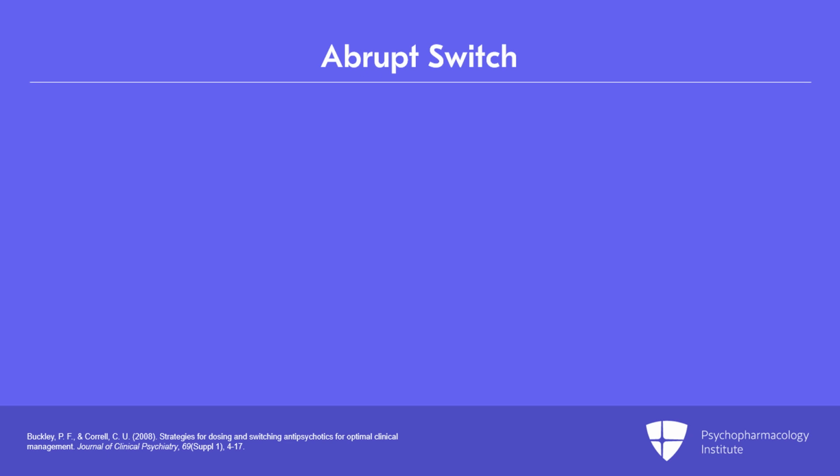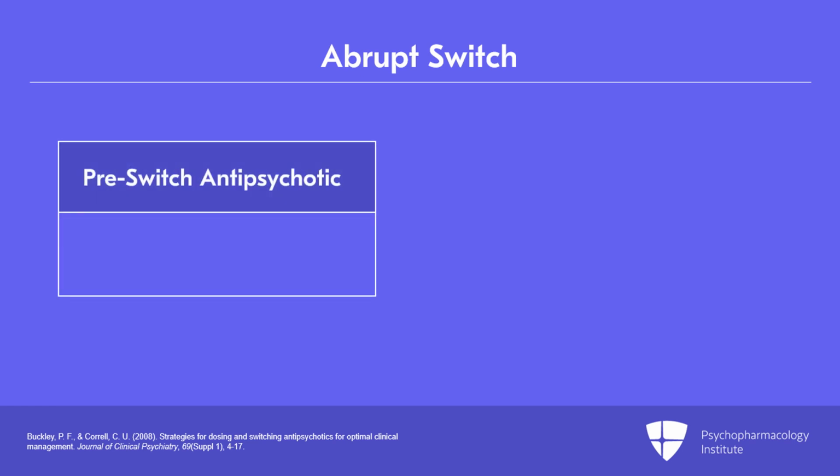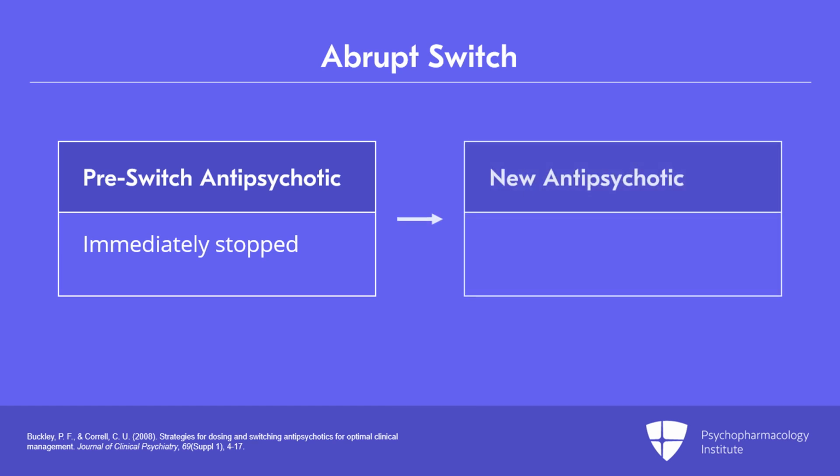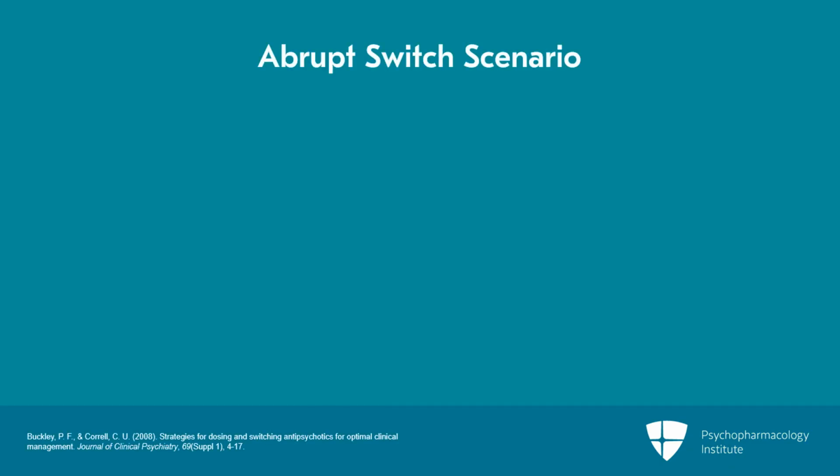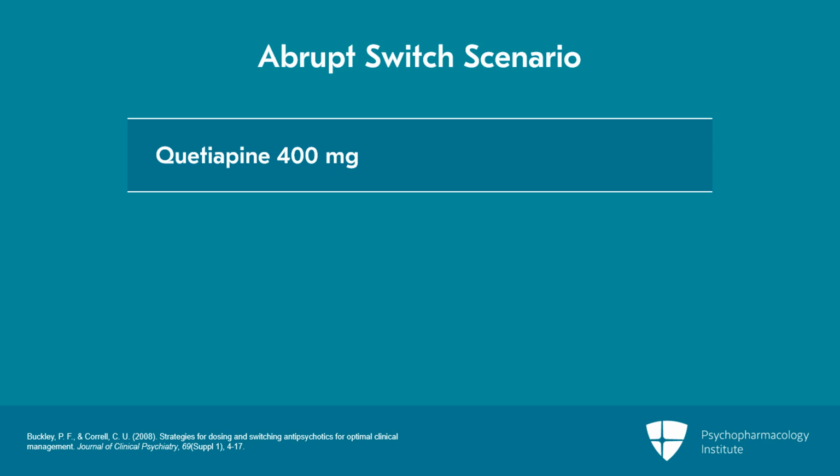So the first switching strategy is just an abrupt switch. That is, the pre-switch antipsychotic is stopped immediately, and then the new antipsychotic is started immediately. So this is a very common approach in clinical trials. So for example, a patient is taking 400 milligrams of quetiapine.